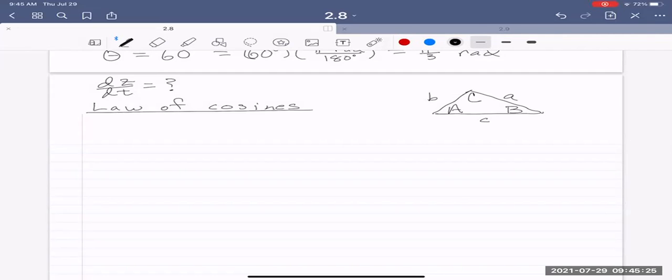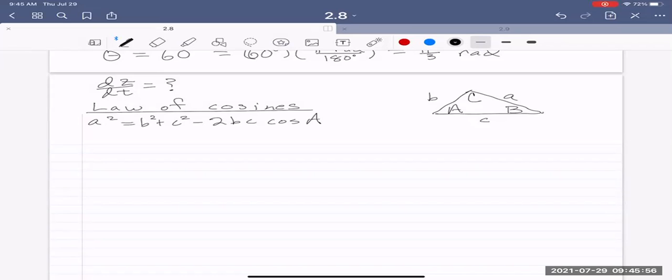So I'll do it with an A. So the law of cosines says that A squared is equal to B squared plus C squared minus 2BC times the cosine of A. So that's the law of cosines.